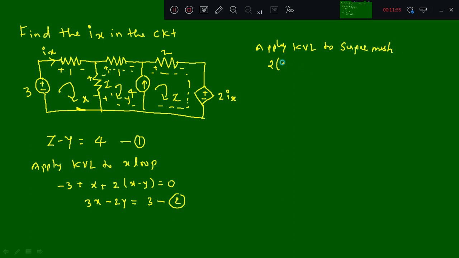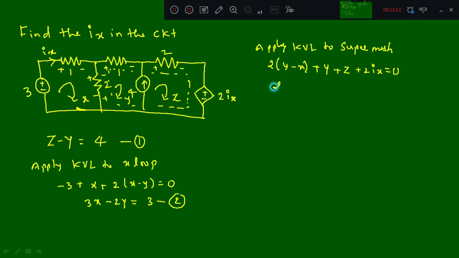So 2 into y minus x plus y, then plus z plus 2ix is equal to 0.